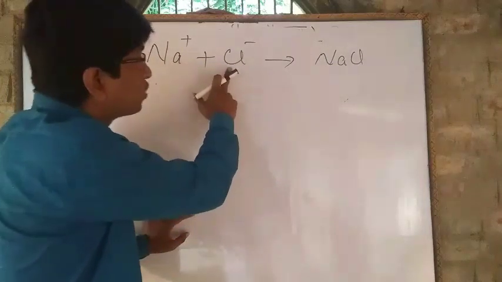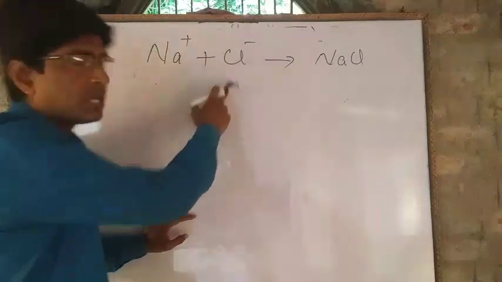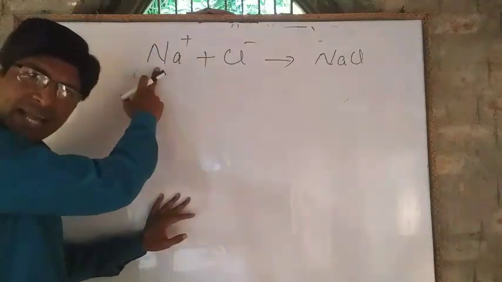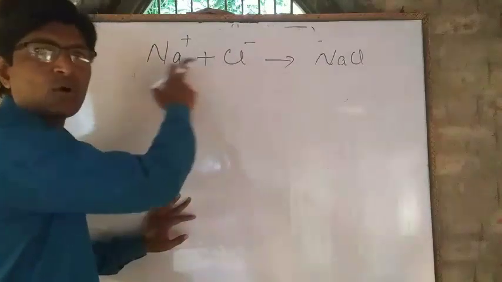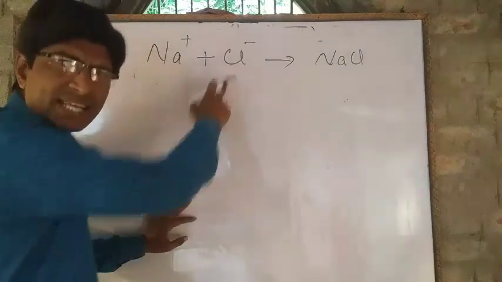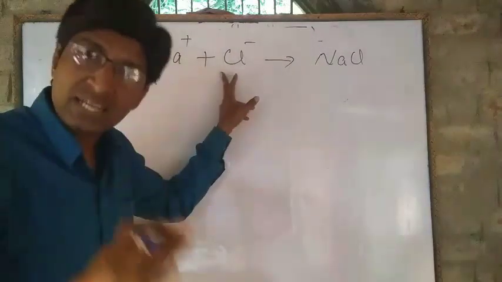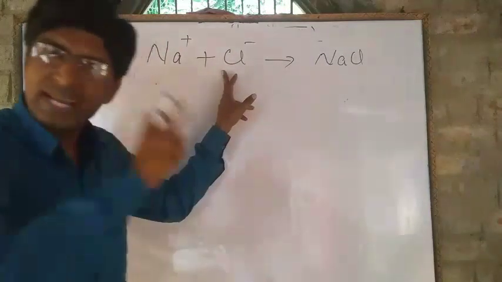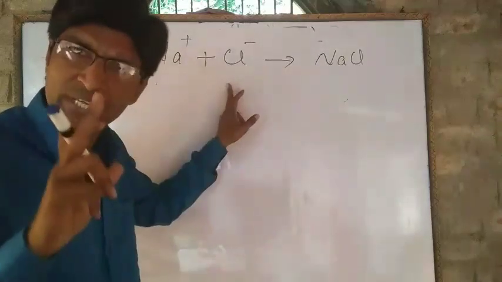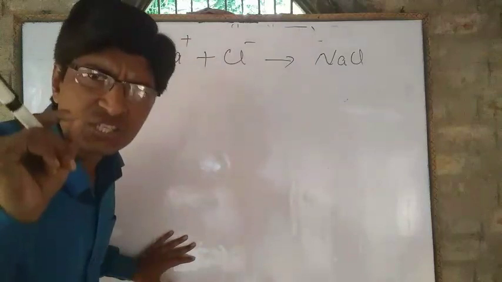Dear students, here chlorine gains one electron, so chlorine gets reduced. Since sodium gets oxidized, chlorine helps in the oxidation of sodium. So here chlorine is the oxidizing agent. In this reaction, chlorine gains one electron to become chloride, so chlorine gets reduced.